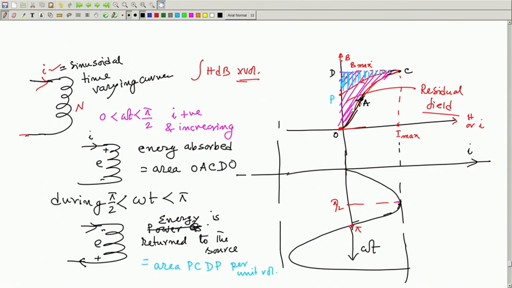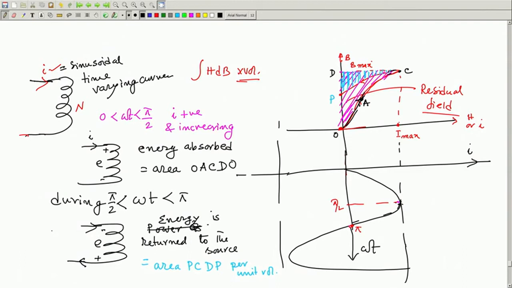And when you decrease the current, that is between pi by 2 to pi, current decreases but still remains positive, but di/dt is negative, d phi/dt is negative. So the induced voltage polarity reverses, current direction still remains the same because it is positive current, and certainly this coil now delivers energy back to the source.